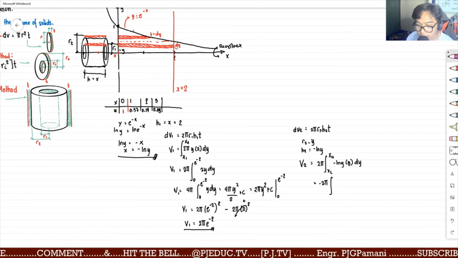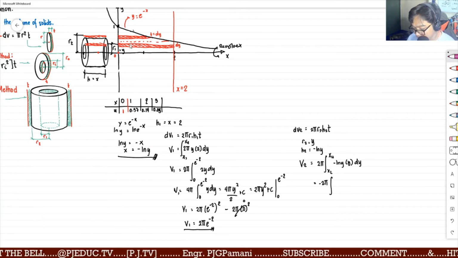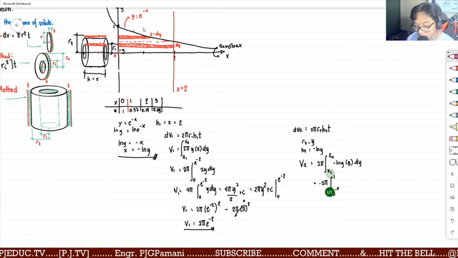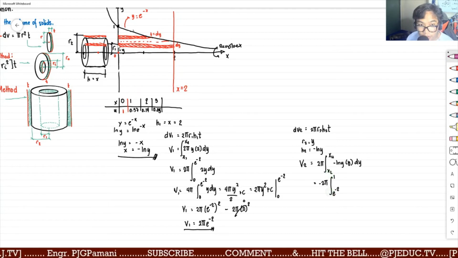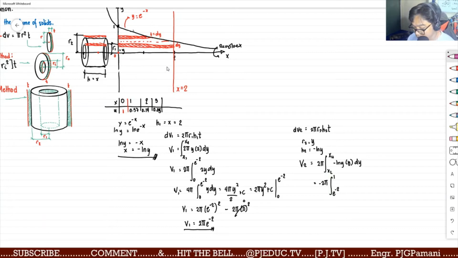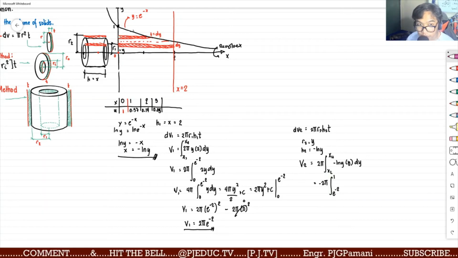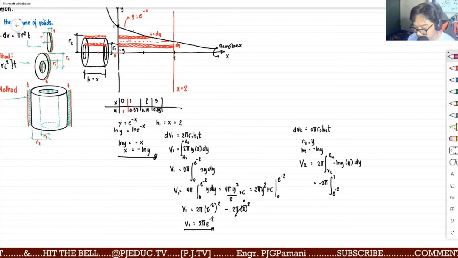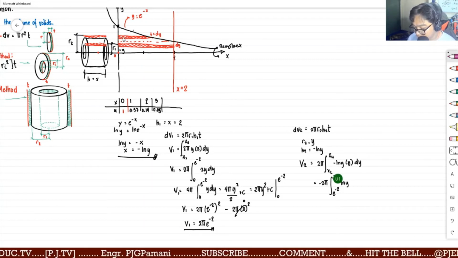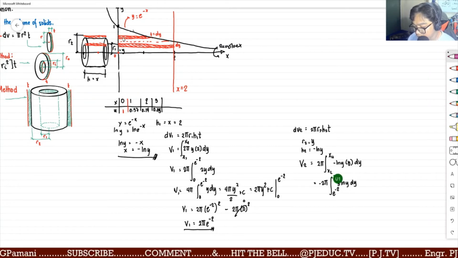Then the lower limit is e raised to negative 2. Okay? From this point to this point. So, we will include the volume of this. Then, that is y ln y dy.